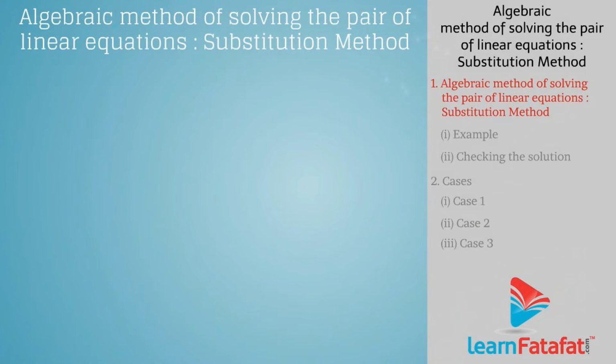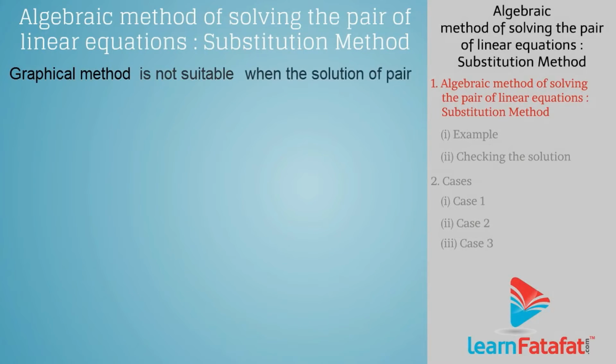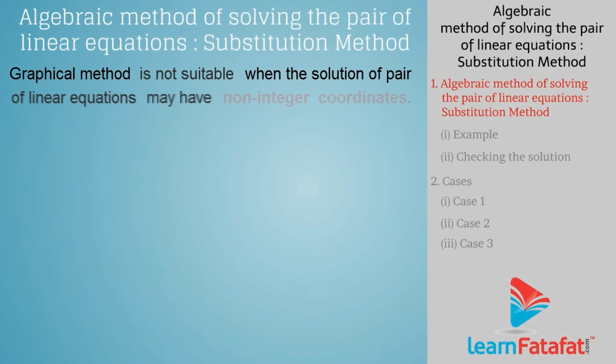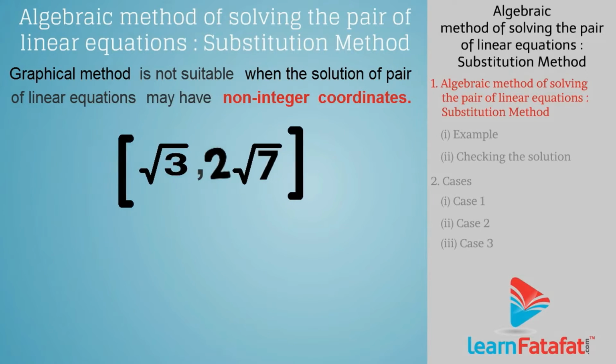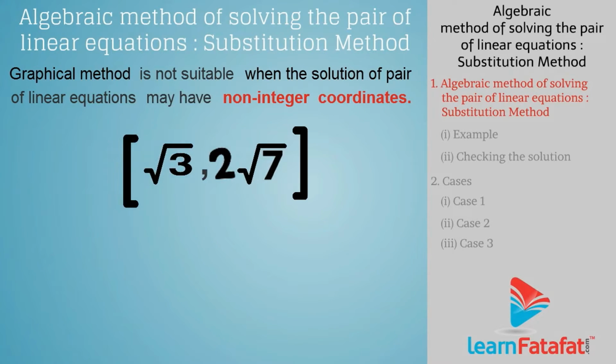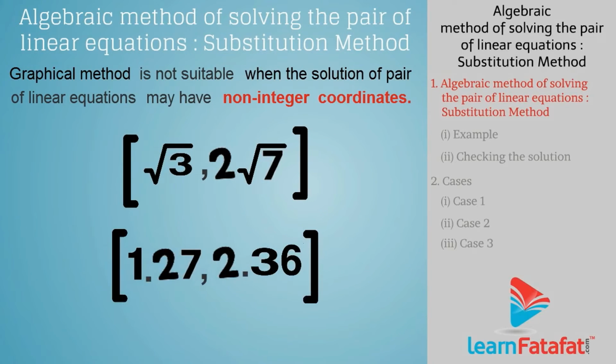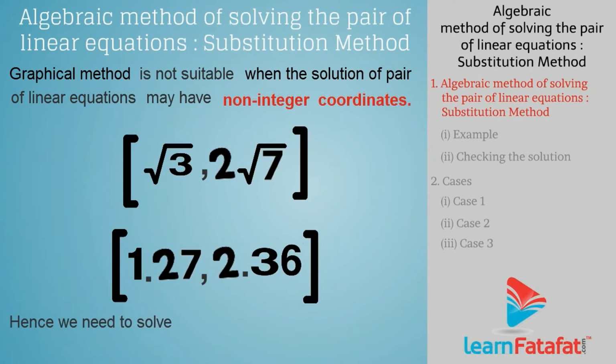Algebraic method of solving the pair of linear equations. Substitution method. The graphical method is not suitable when the solution of a pair of linear equations may have non-integer coordinates such as root 3, root 7, or 1.27, 2.36, etc. Hence, we need to solve these equations by algebraic methods.